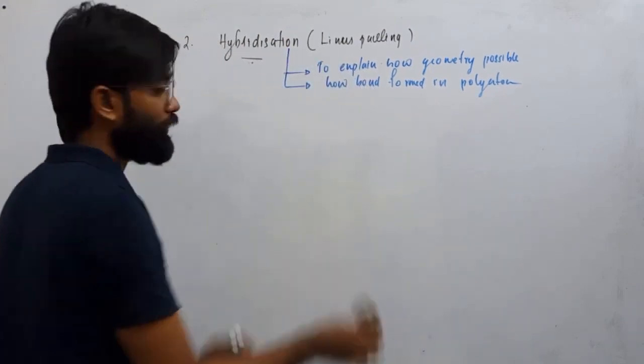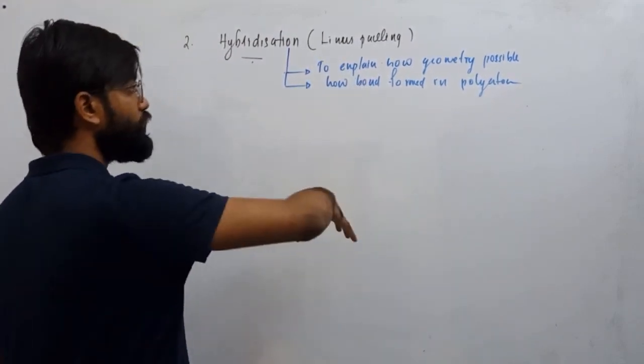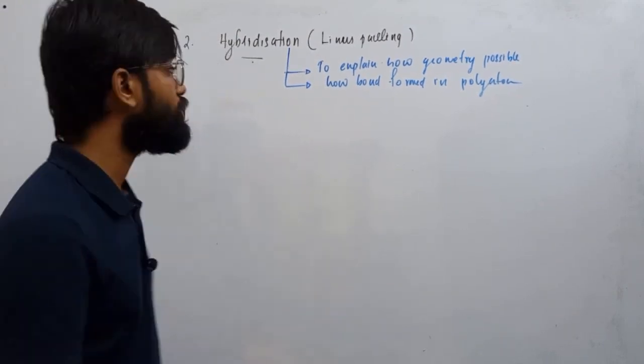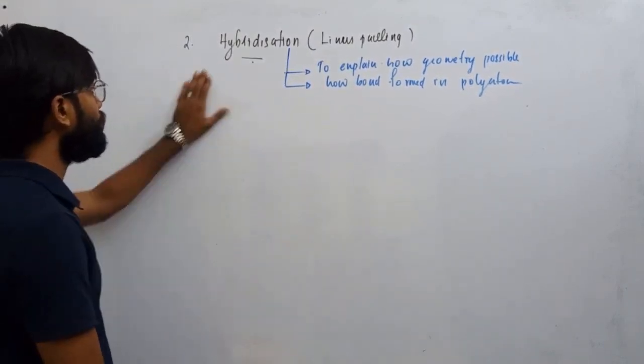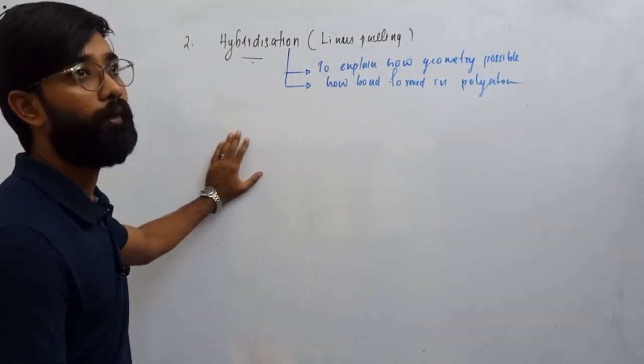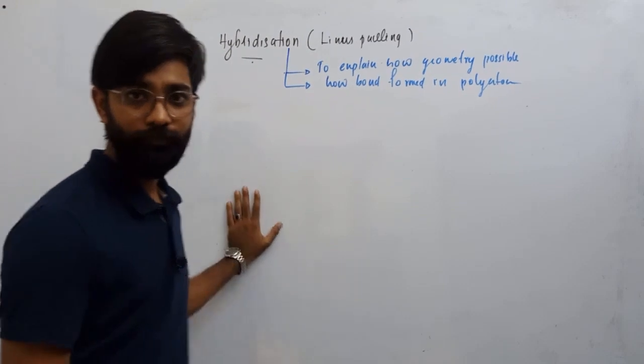Okay, so that's the phenomenon of intermixing of atomic orbitals of similar energy to form a set of new orbitals, where the formed set of orbitals are called hybrid orbitals. So the hybrid orbitals have the same shape and same energy.